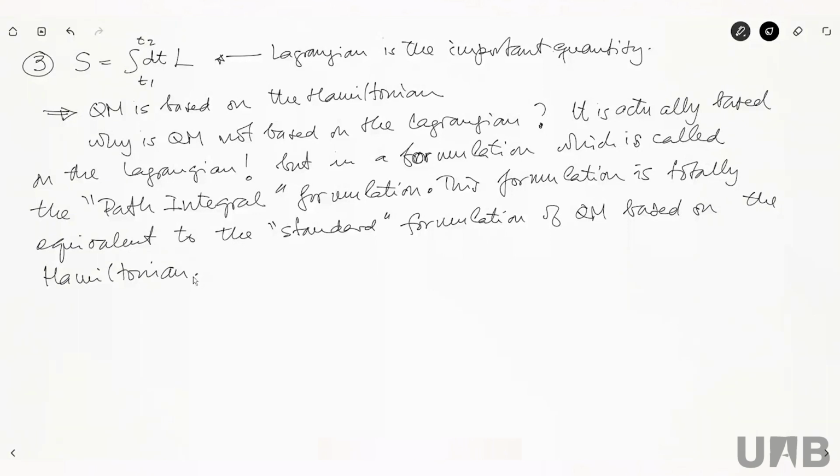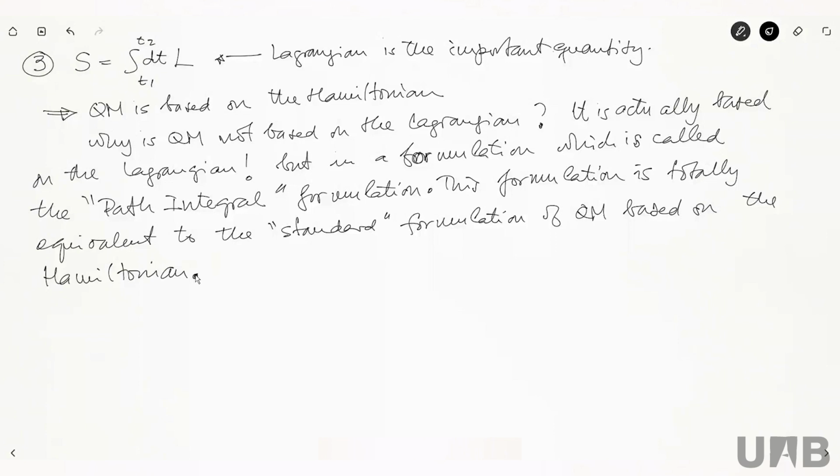He was working on his thesis at Princeton, and he asked himself, based on a paragraph that he read in Paul Dirac's book on quantum mechanics, he read a paragraph that led him to ask himself the following question: why is quantum mechanics not based on the Lagrangian instead of basing it on the Hamiltonian, as in the usual formulation? I call it usual because that's what most people see in introductory courses to quantum mechanics.